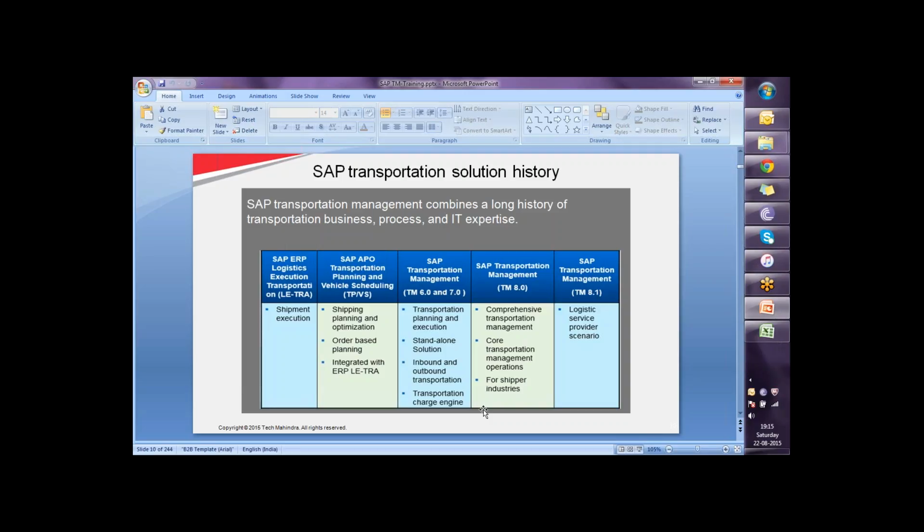Then 9.1 came, which provided integration with TM, EWM (extended warehouse management) and CRM. It also offered more stable services than 9.0. After that, 9.2 came, which has everything: ocean freight, air freight, ocean liner, airliner. Then it supports contract logistics, retail business, and CRM integration.